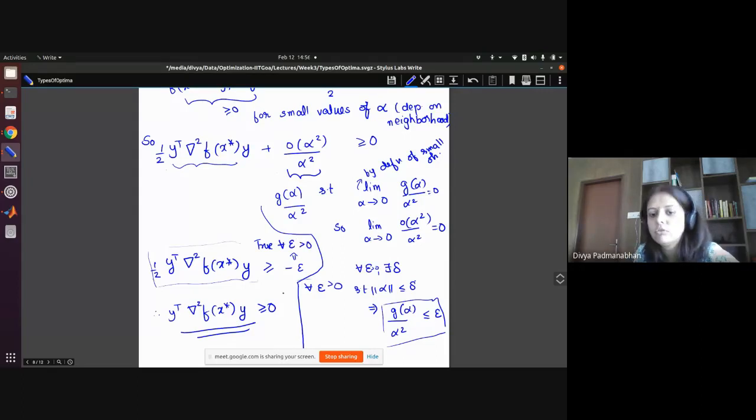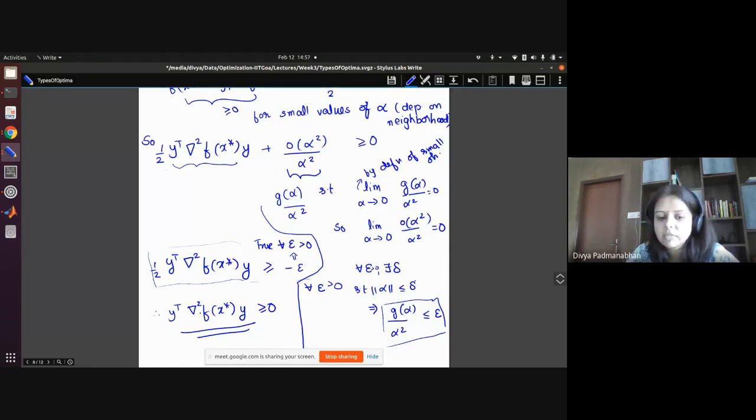So if epsilon is 0.5, this quantity is going to be greater than minus 0.5. If epsilon is 0.1, you can find some delta here, so overall this quantity is going to be greater than minus 0.1. So you can keep on finding smaller and smaller values of alpha, and because of that, smaller and smaller values of epsilon.